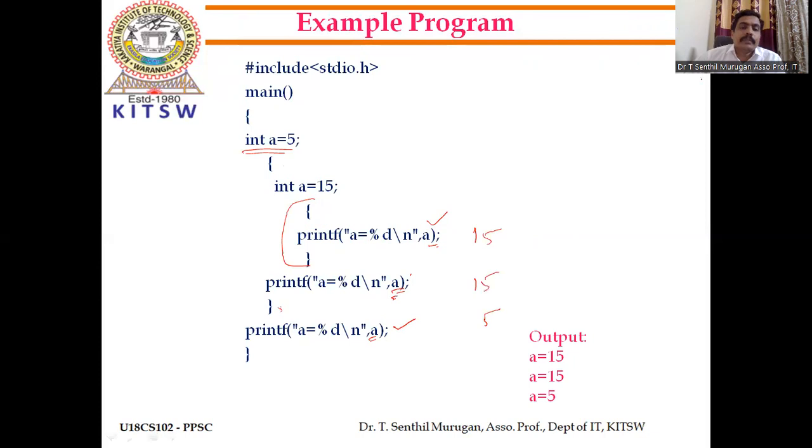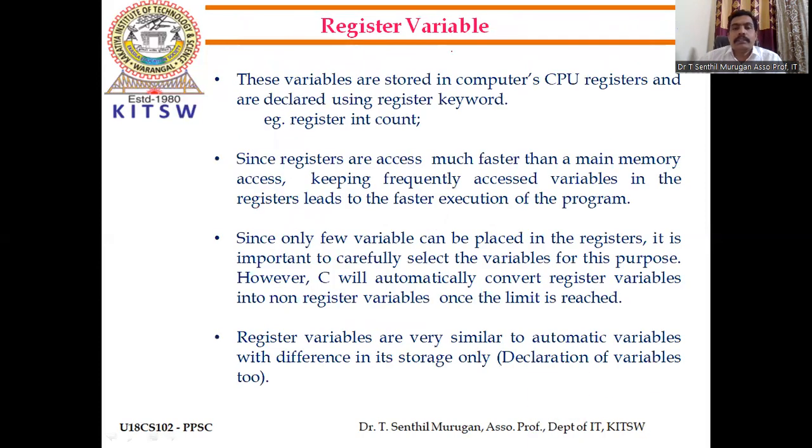Okay. So next, we will see the next variable, the register variable. Why is a register variable used? Register variable means the memory is a CPU register. Okay. So if we use a variable repeatedly, multiple times, and we want to take the variable from memory, instead of memory we will take the value from a register.